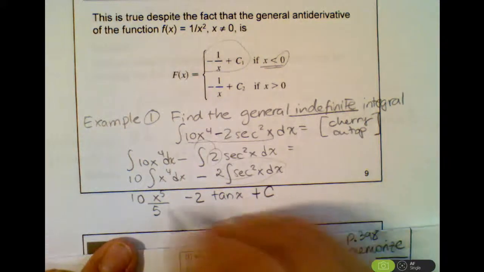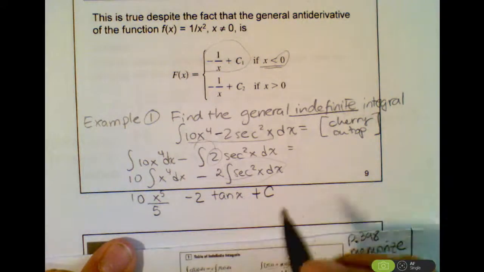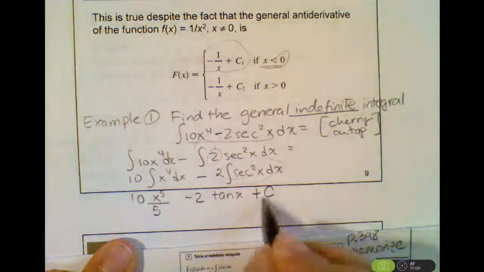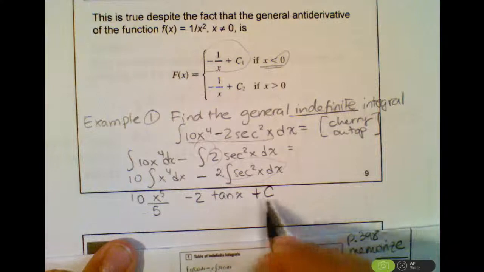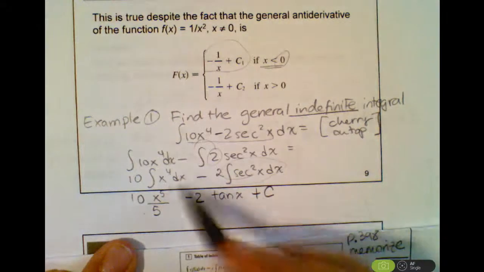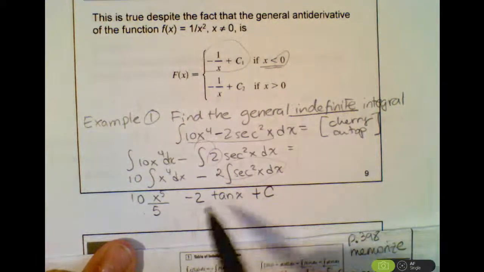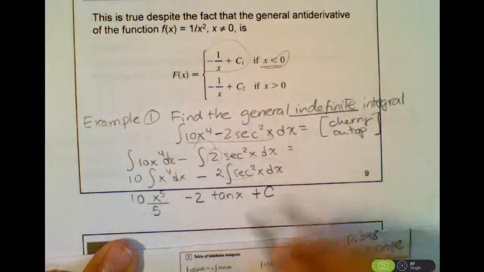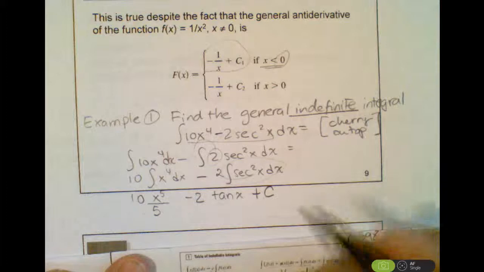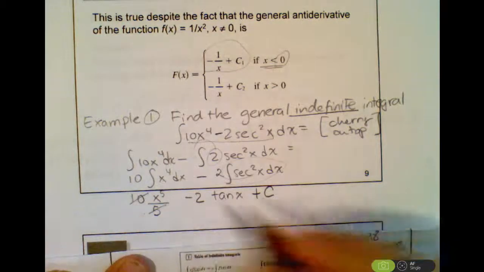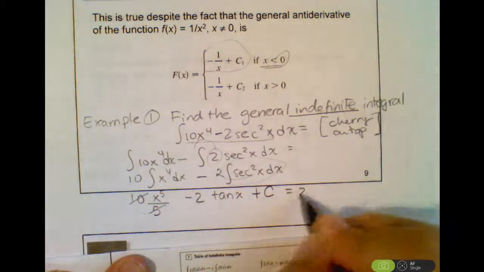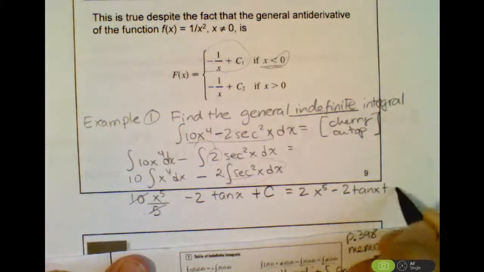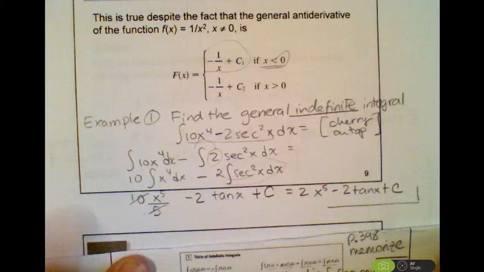I don't need two different constants for each piece. So after you have finished integrating, I know you need a cherry on top, but you only put it once, because this constant will include the constant from here and the constant from here, so why bother distinguishing between two constants? We're dealing with the same function, so one constant is enough. Now the only thing to do will be to simplify. I know I can simplify 10 and 5, so this would be 2x to the fifth minus 2 tangent of x plus c. And that will be the final answer.